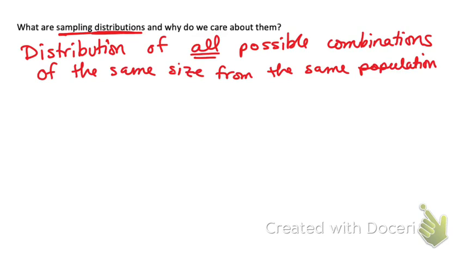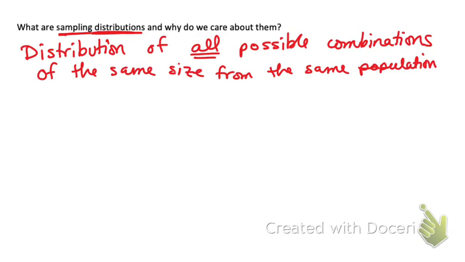Then we have to do it again and get another average, until we have all possible combinations of size 50 from that entire day's production. How long is that going to take? Forever.